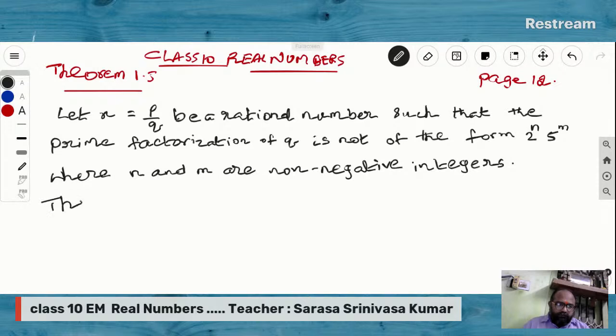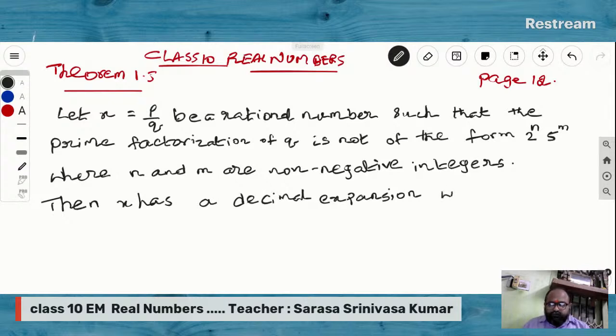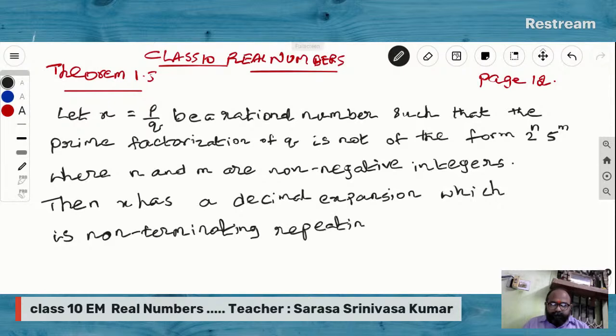Then x has a decimal expansion which is non-terminating, repeating or recurring.